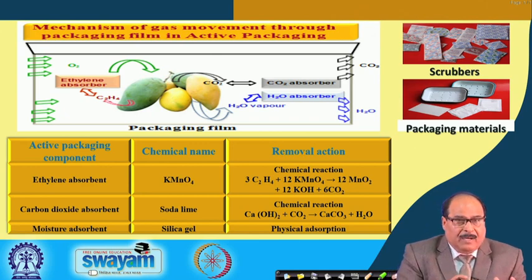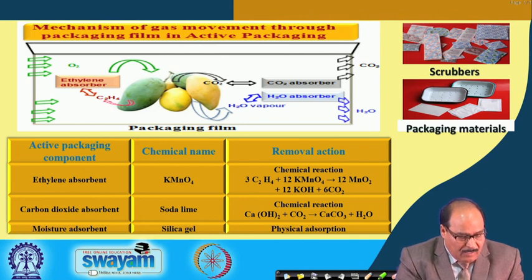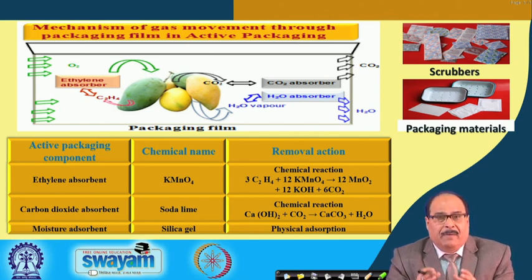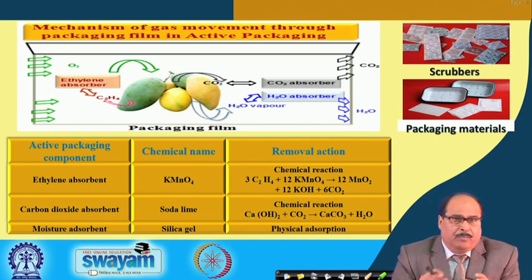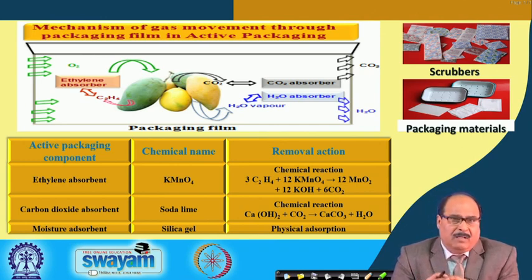So, different absorbers or emitters are used in this case, maybe ethylene absorber, carbon dioxide absorber or moisture absorber, depending upon the type of the food material, its respiration rates, its transpiration rates, etc. We calculate the amount of these absorbers or emitters required and put them in the required quantity inside the package, which helps in maintaining the desired gaseous composition.